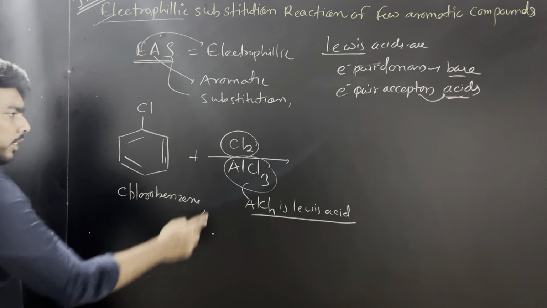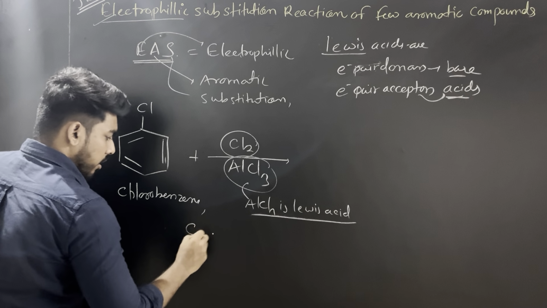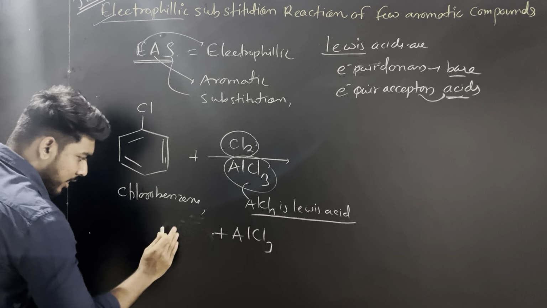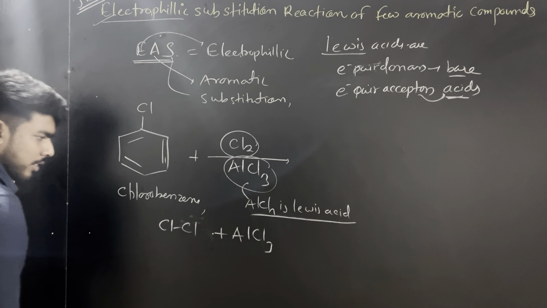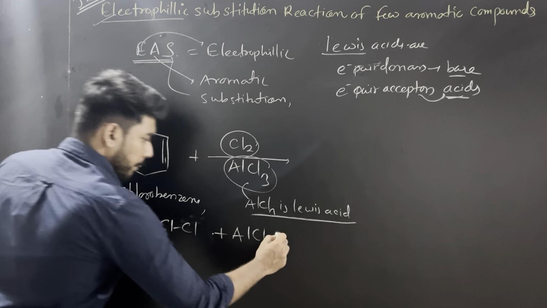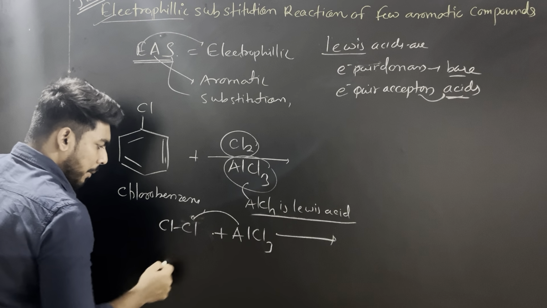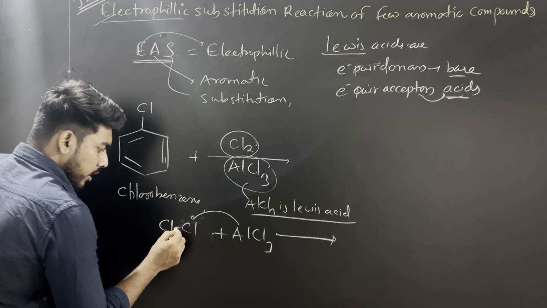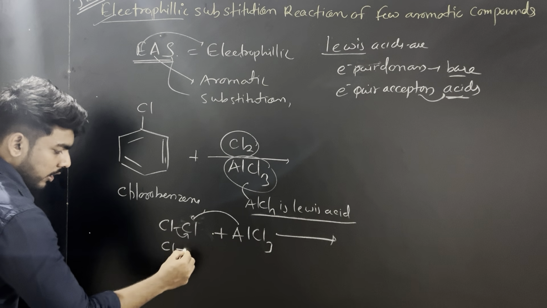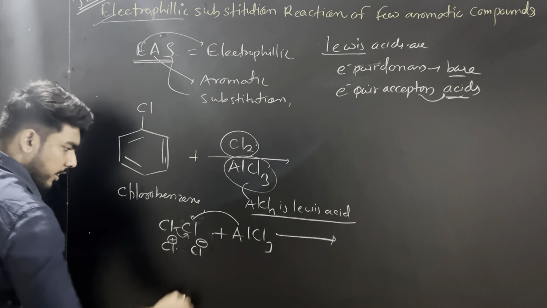This reagent, Cl2 and AlCl3, will react like this: Cl2 plus AlCl3. I am writing Cl2 as Cl bond Cl. AlCl3 will attack and take away Cl minus, which comes under heterolytic fission, giving Cl plus and Cl minus.